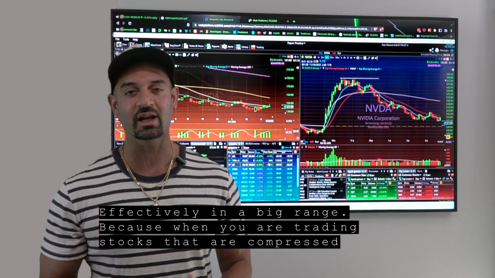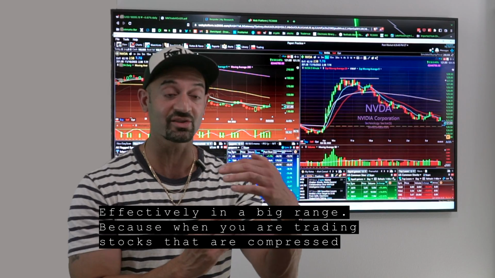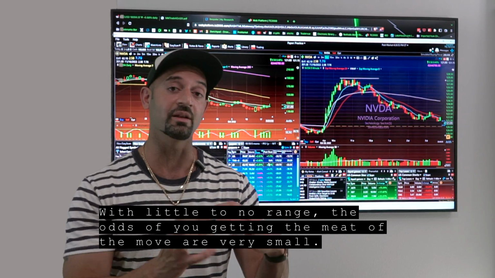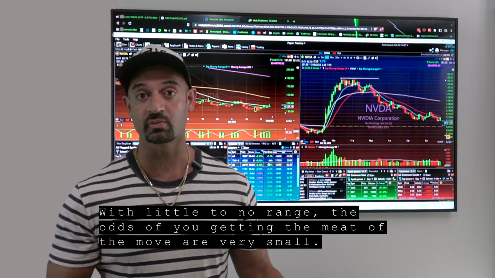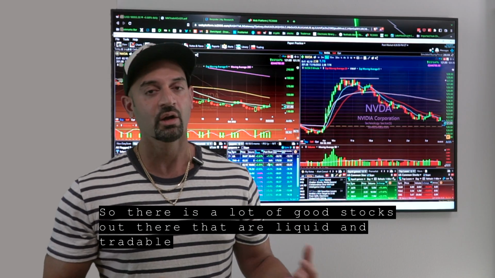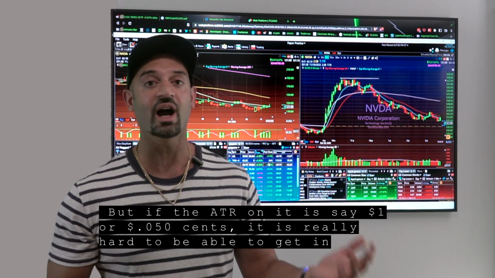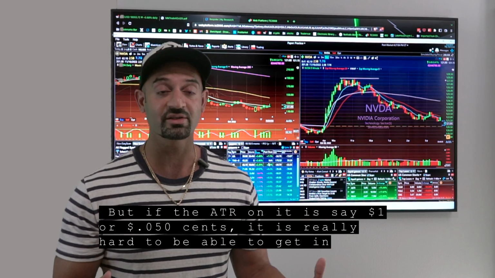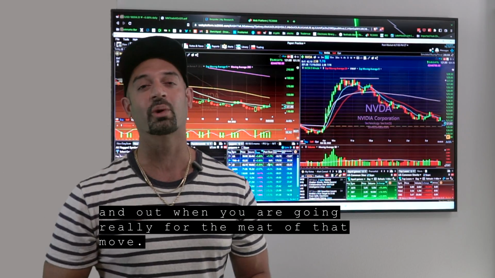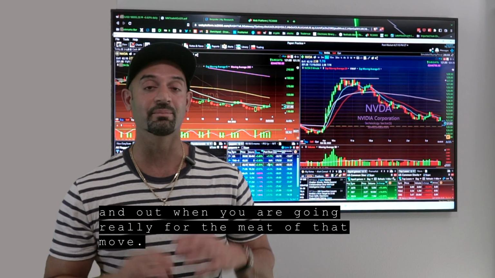Because when you are trading stocks that are compressed with little to no range, the odds of you getting the meat of the move are very small. There's a lot of good stocks out there that are liquid and tradable, but if the ATR on it is say $1 or even 50 cents, it's really hard to get in and out when you're going for the meat of that move.